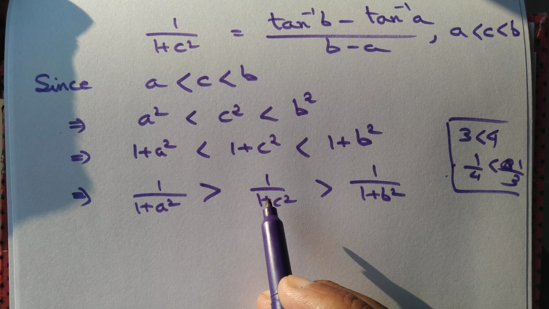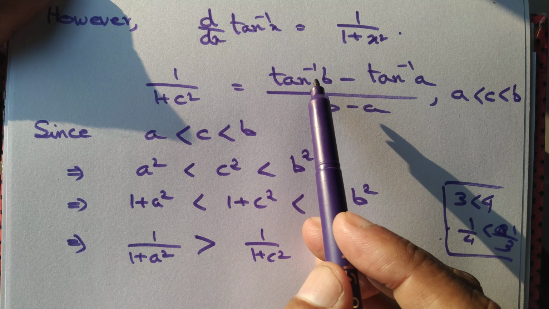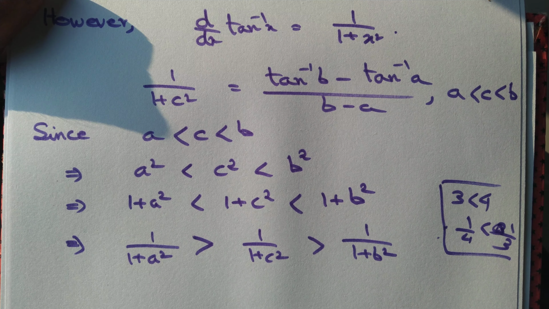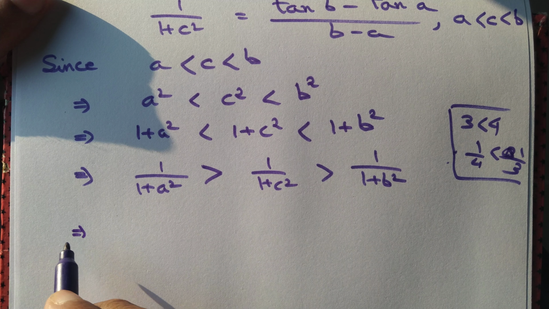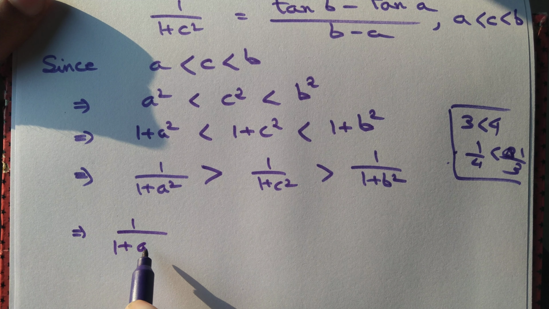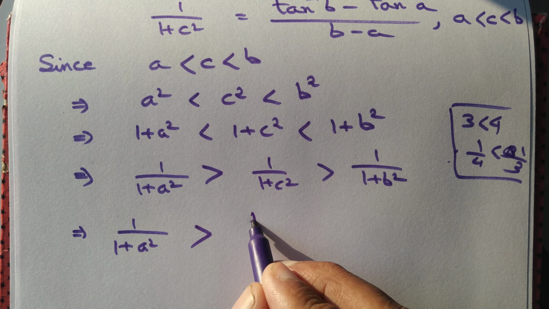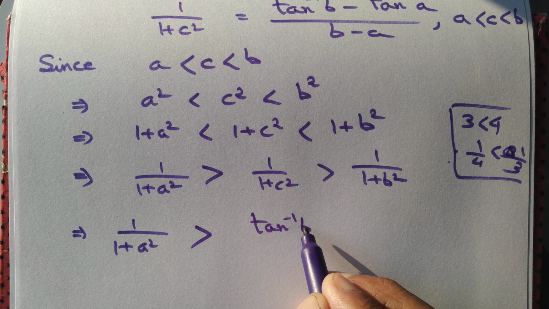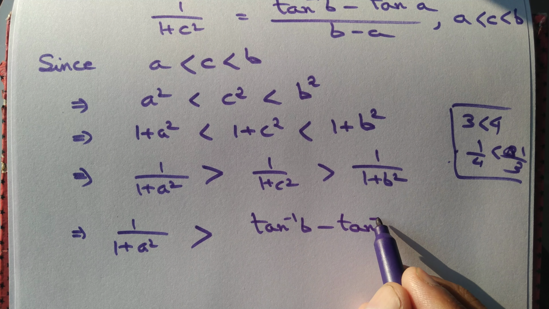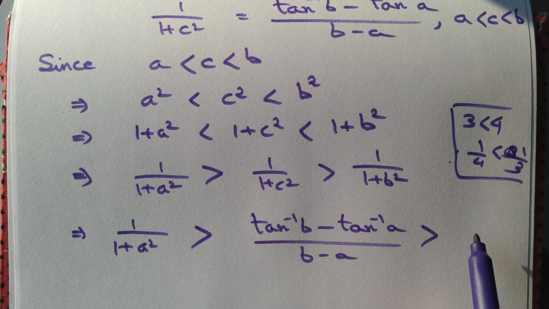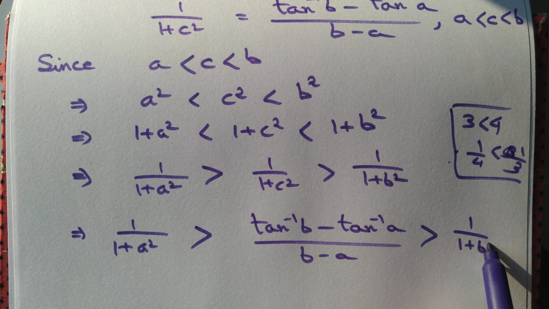But we got 1 by 1 plus c square equal to (tan inverse of b minus tan inverse of a) divided by (b minus a). So we conclude that 1 by 1 plus a square is greater than (tan inverse of b minus tan inverse of a) divided by (b minus a), and that is greater than 1 by 1 plus b square.